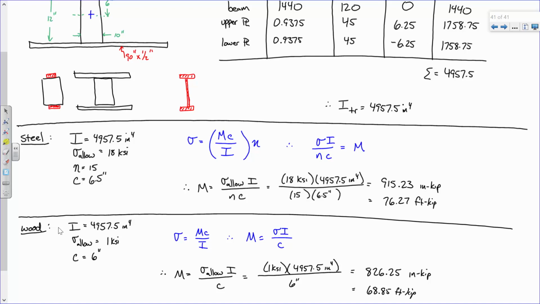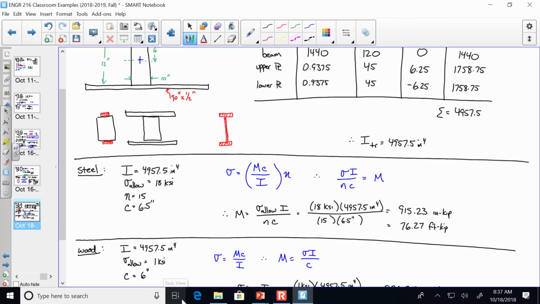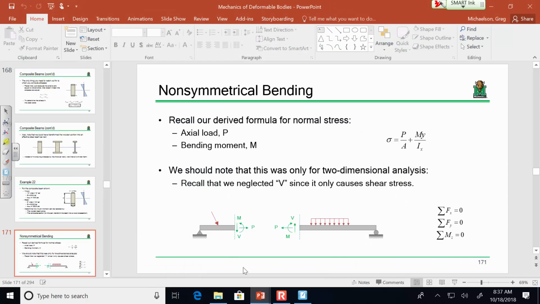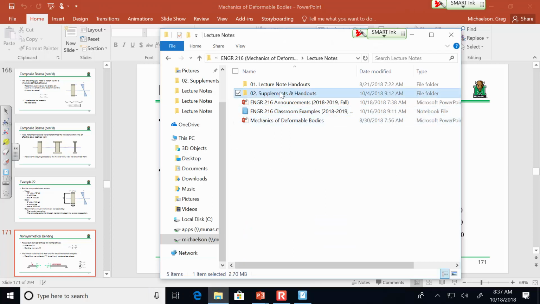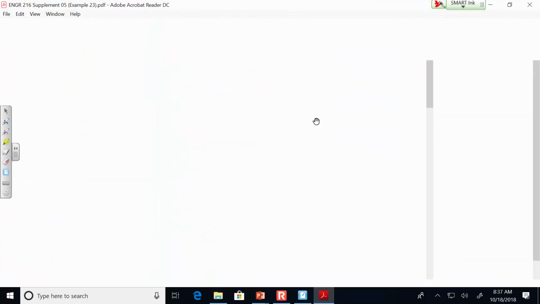If you're okay with that, I have one other thing in bending moments to talk about, and that's non-symmetrical bending. So let me pull something up real quick. This is example 23.